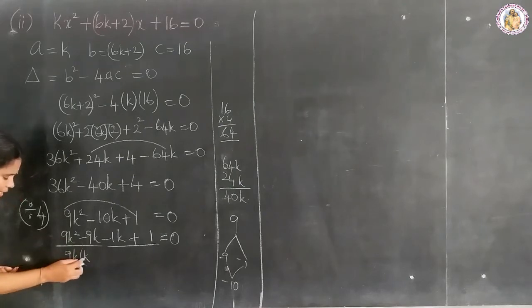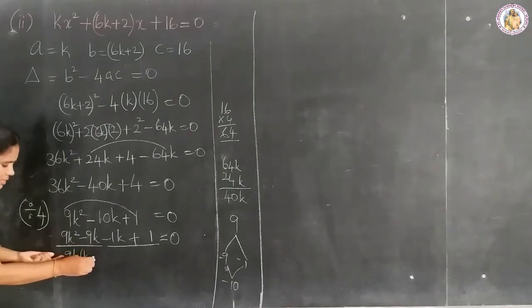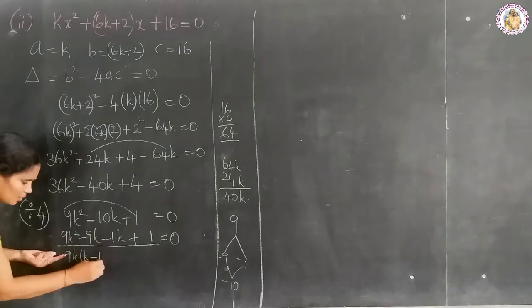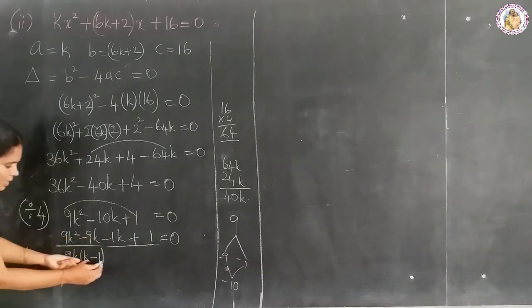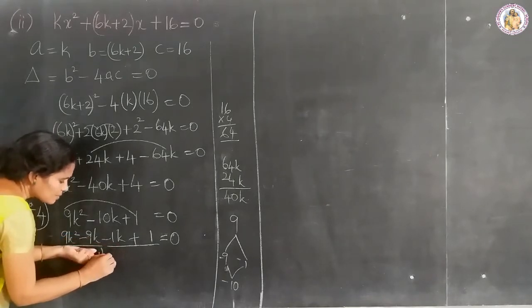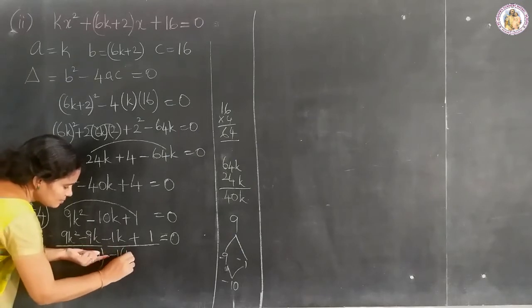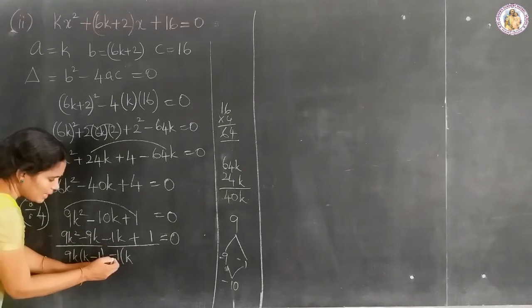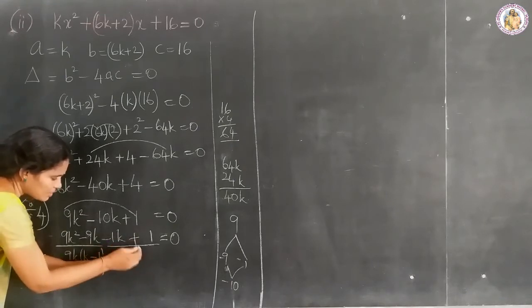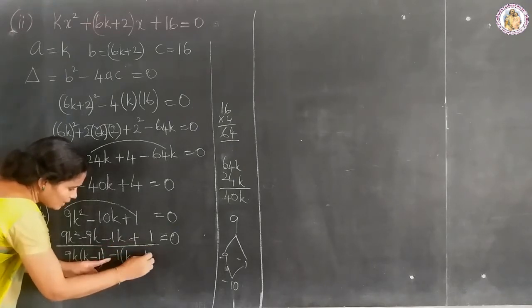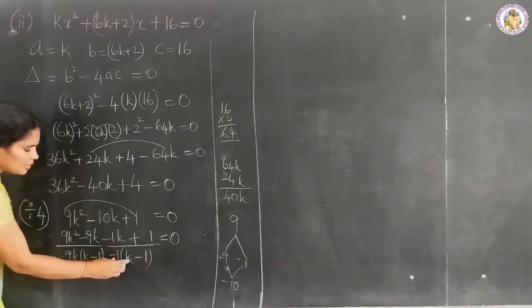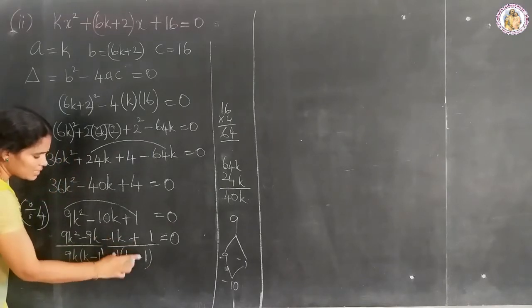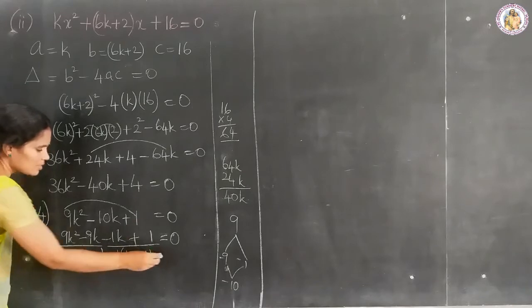So 9k into k is 9k square, minus 9k into 1 is 9k. Then here minus 1 common, 1 into k is k, minus into minus plus, 1 into 1 is 1, is equal to 0.